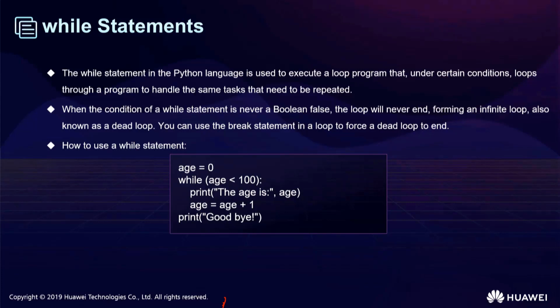You can use the break statement in a loop to force a dead loop to end. If we want to print the age from 1 to 100, when the age is equal to 100, the condition will be false, and it will break the loop and print goodbye, like that.